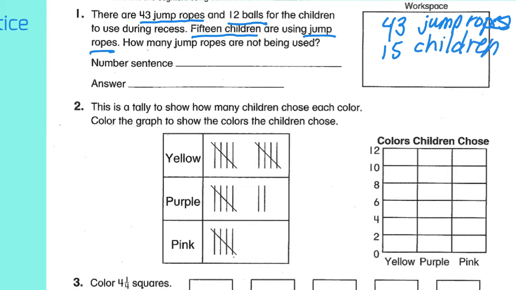So what we need to do here is just subtract 15 from 43 to see how many are left and not being used. We know we cannot take 5 from 3, so we're going to have to borrow from the 4. We're going to cross out the 4, change that to a 3, and bring that 10 over to the 1's column.